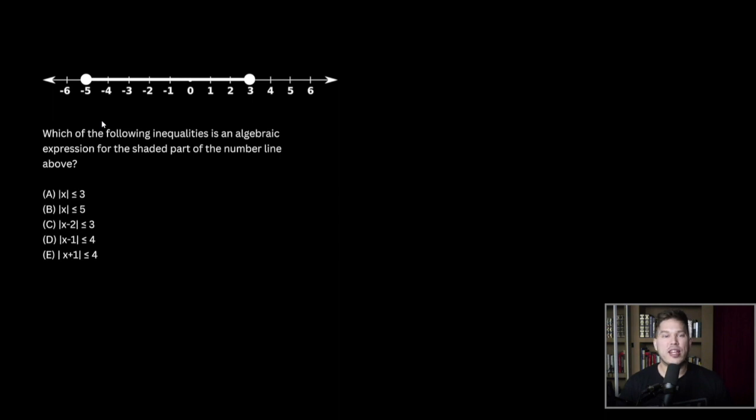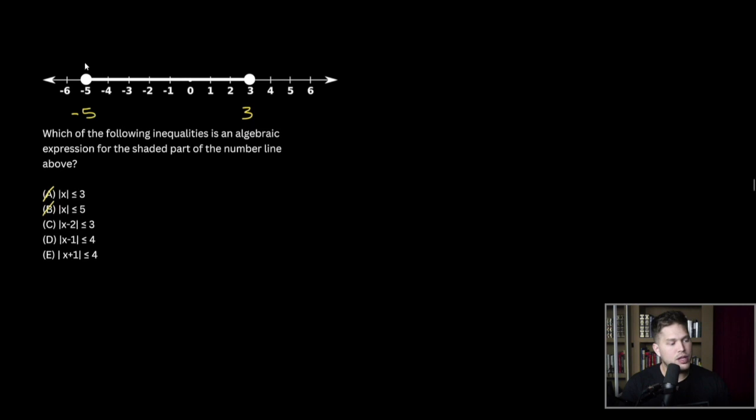Which of the following inequalities is an algebraic expression for the shaded part of the number line above? All right, let's notice that our number line is bound from -5 to 3 inclusive. And from this, I can already eliminate answer choices A and B, as A would be bound from -3 to 3 and B would be bound from -5 to 5.